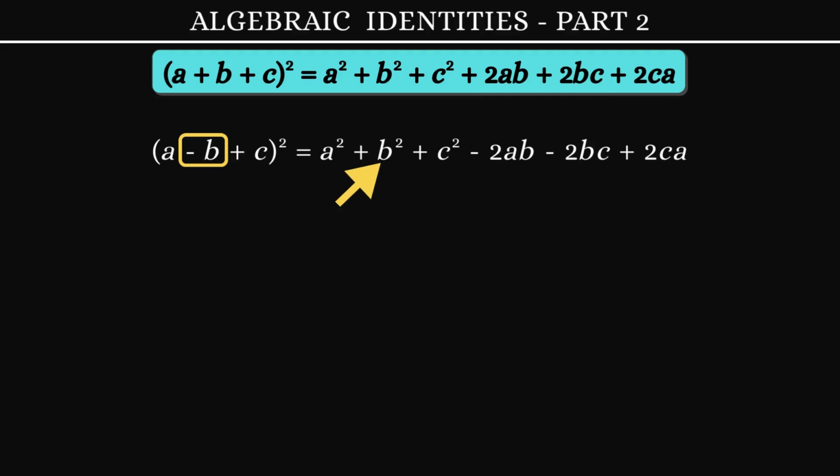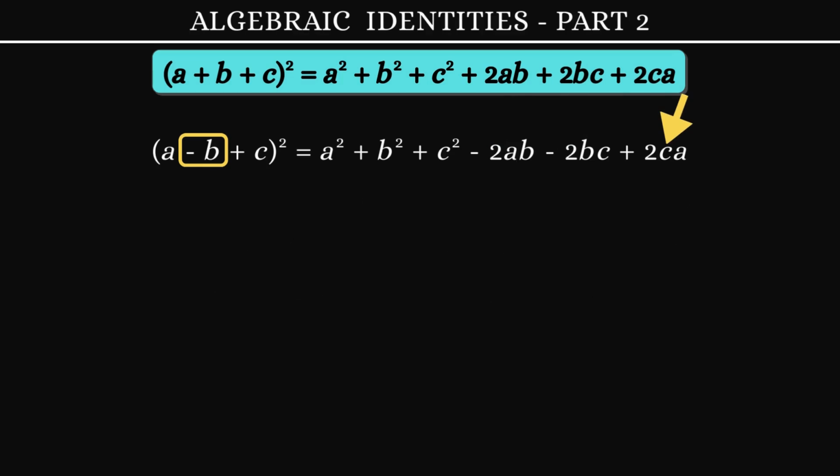Next, these two terms also have b in them. And on replacing b with minus b, the sign will change to negative. 2ca will remain positive.